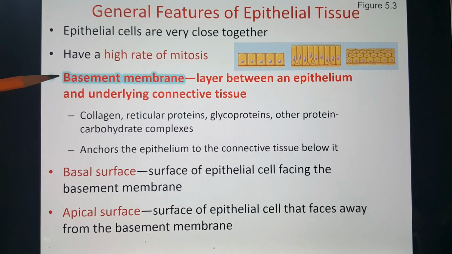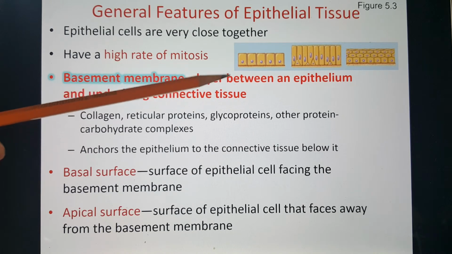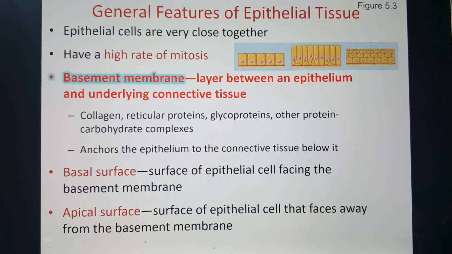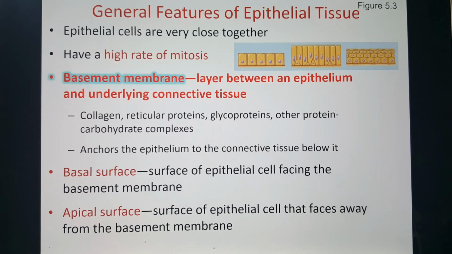All of the cells align on what's called the basement membrane. When you're identifying your tissues, you can actually see that basement membrane line on your epithelial tissues. That's also what separates the epithelial layer from the connective tissue below it. So your basal surface is on your basement membrane, and your apical surface is on the opposite side.